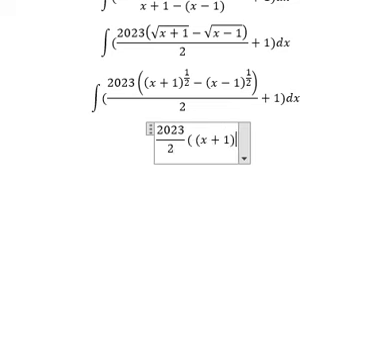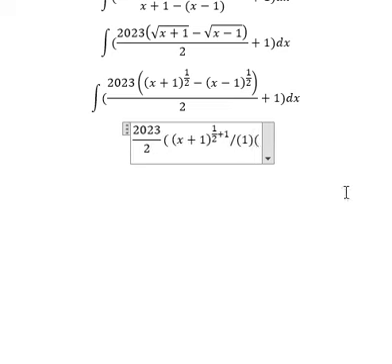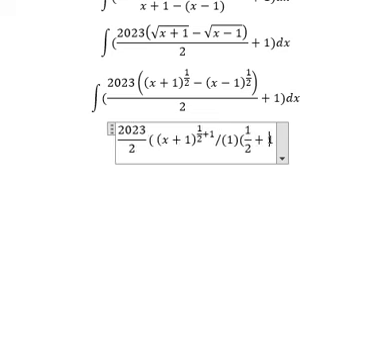s plus 1 to the power of 1 over 2 plus 1, over the coefficient of s, that is number 1. So we put this one in here and we have 1 over 2 plus 1.